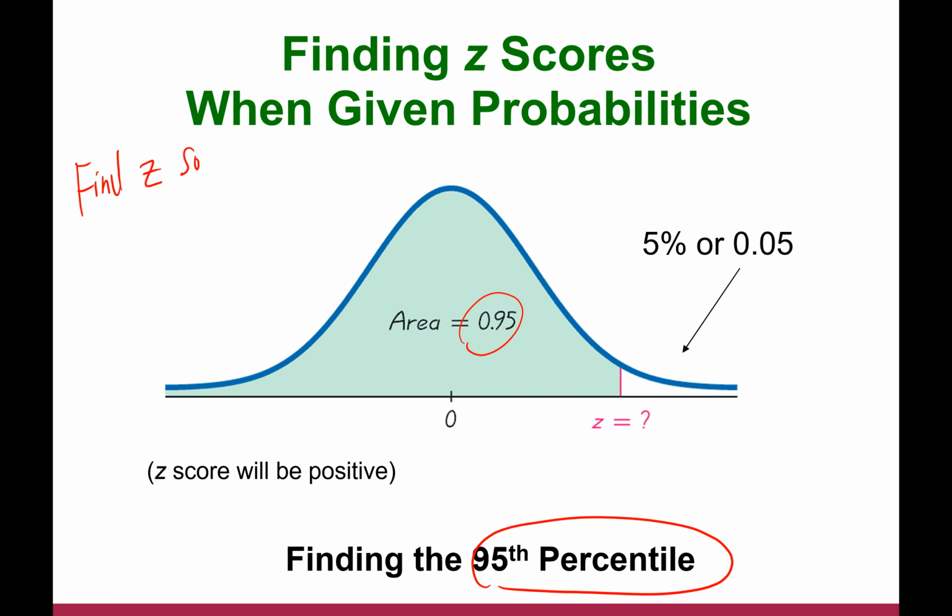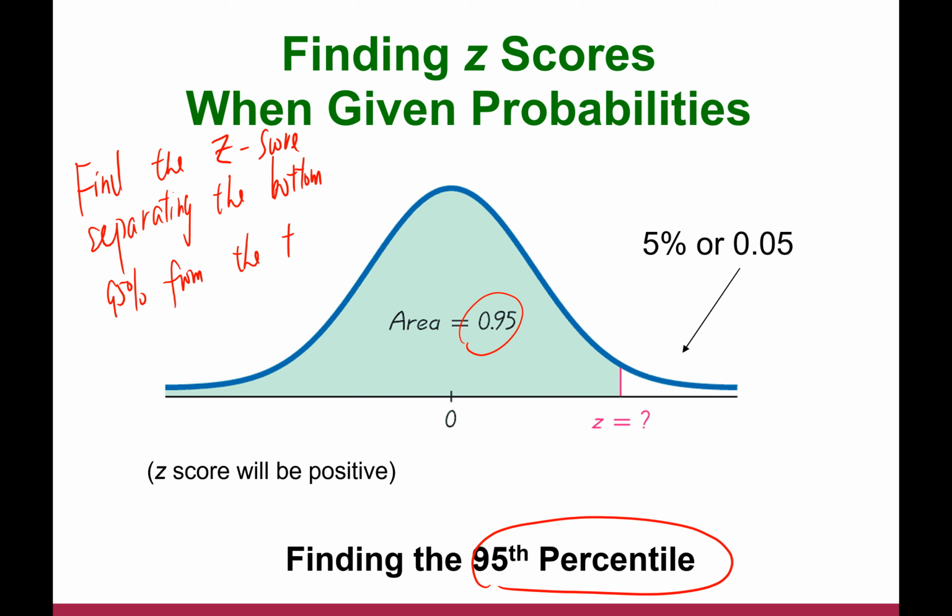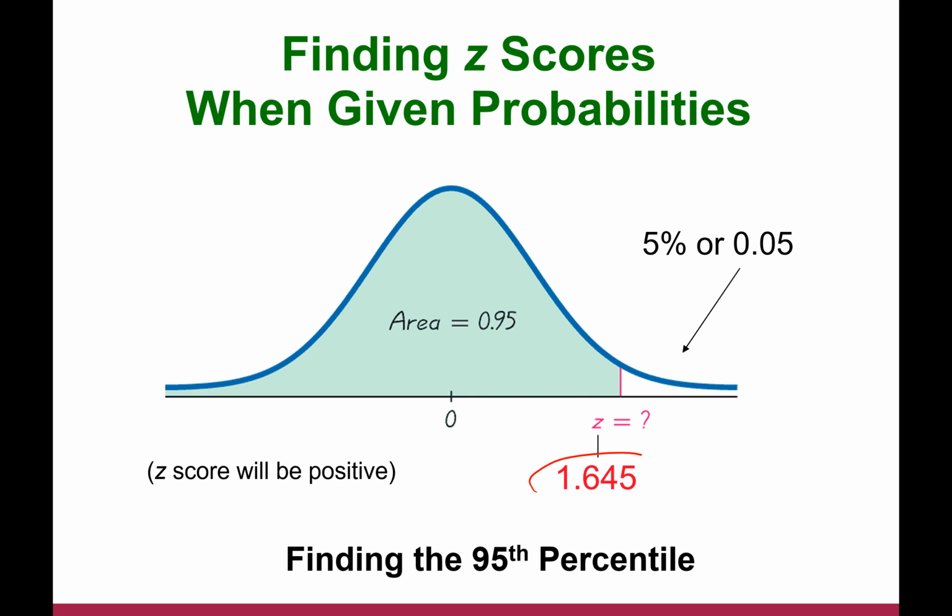You can also look at it that way, or you can use percentile, meaning try to locate the z-score corresponding to the 95th percentile, and the z-score turned out to be 1.645.